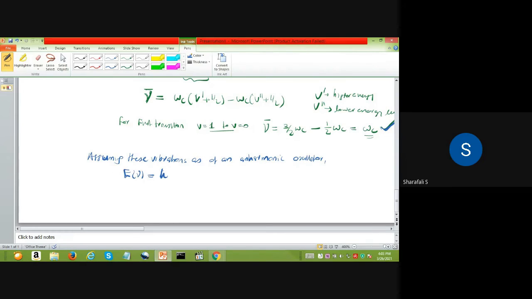That comes from quantum mechanics, and it is given by E nu equal to hc omega C times V plus half, minus hc omega C xC times V plus half squared.